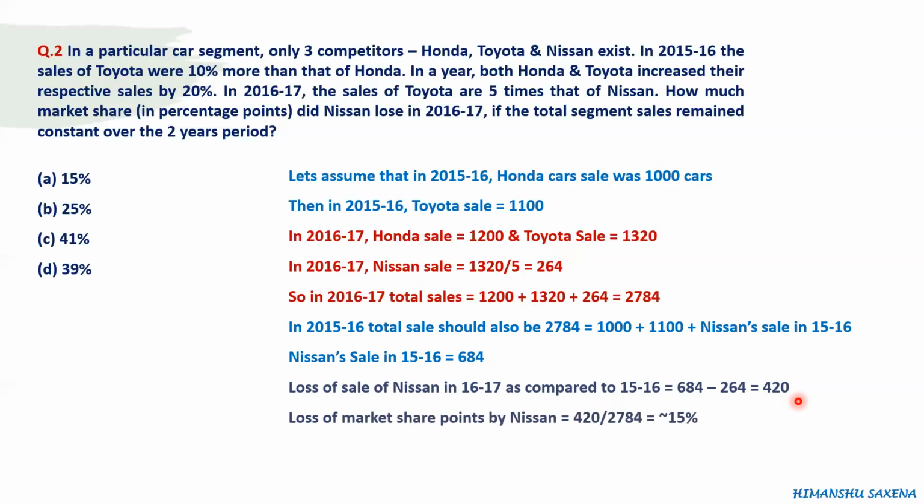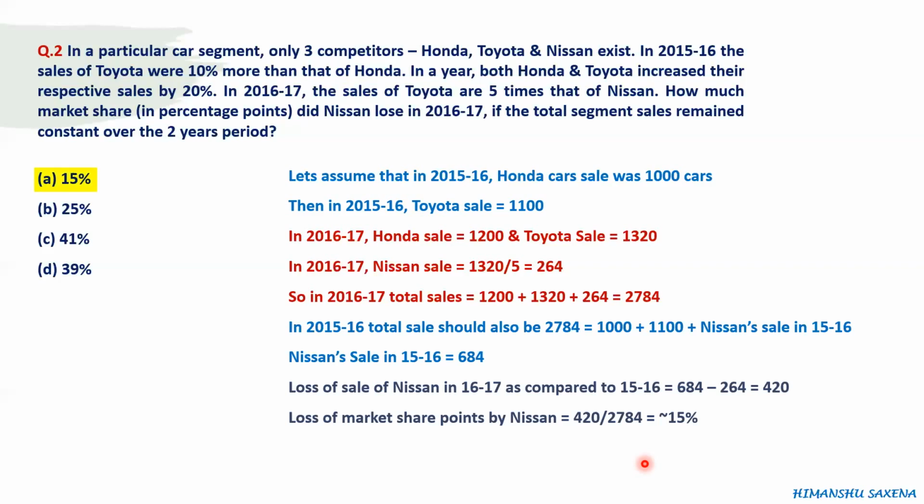Now, how much loss of market share is there by Nissan? The total market was 2784 cars, out of which Nissan lost 420 cars. So 420 divided by 2784 is equal to 15%. So nearly 15% market share Nissan lost in 1 year. So our answer would be A, 15%.